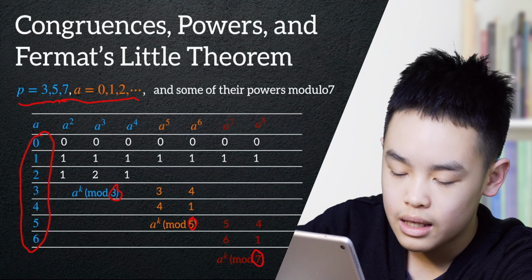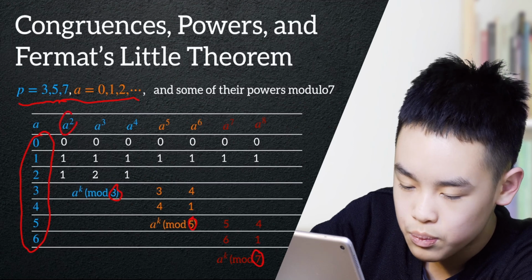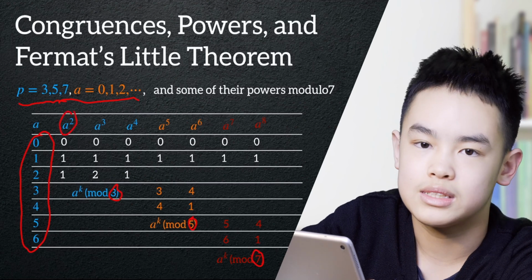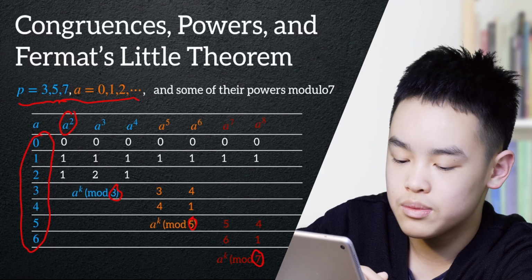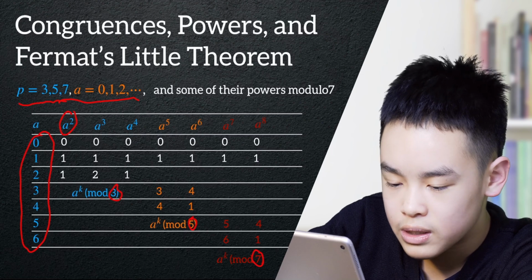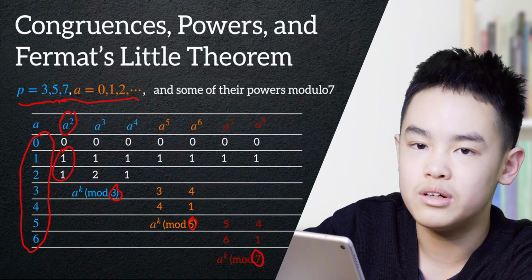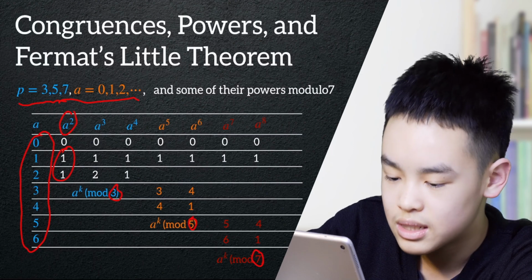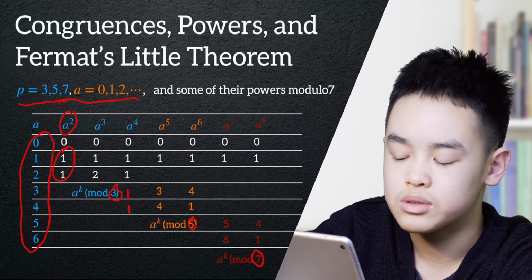Now, the original list is way too big to be actually included in here, so we simplified this little list. And we see that when it's modulo 3, a squared, whatever a is, except 0, to the nth power is always 0. When it's modulo 3, a squared is always 1. And when it's modulo 5, even though I simplified it out, a to the 4th power is always 1 as well.